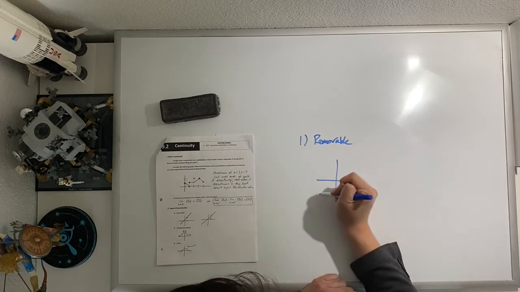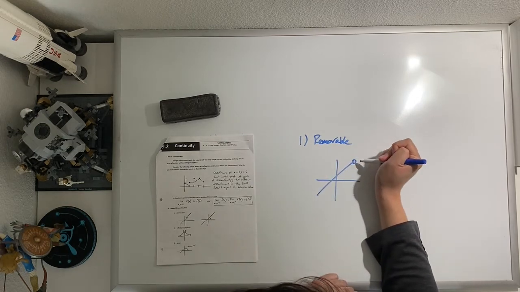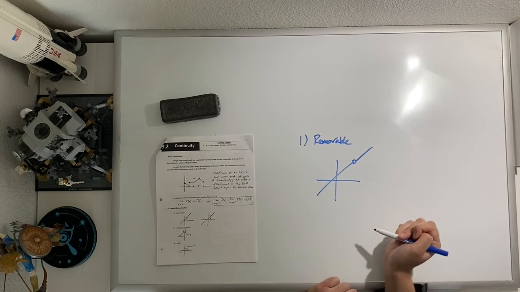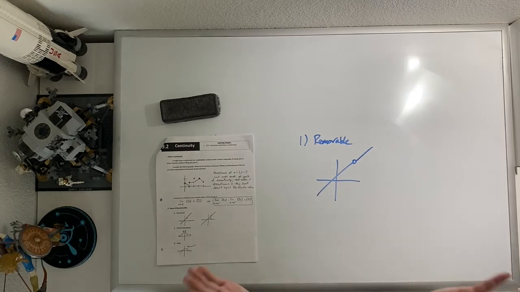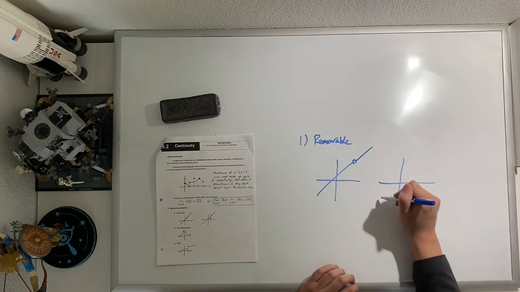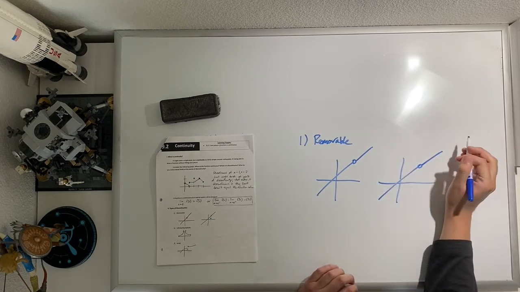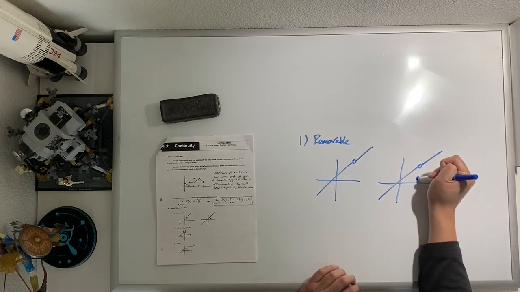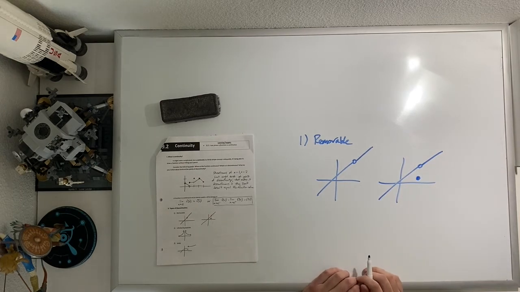Suppose we have a function, and then there's an open point in the function, but the function's continuous everywhere else. So there's just a single point, and this point could also have an actual function value somewhere else. Anytime there's a hole in the function, we call that a removable discontinuity.